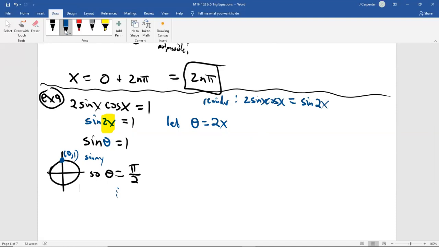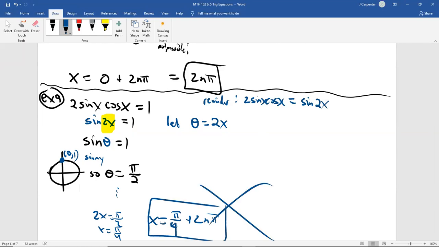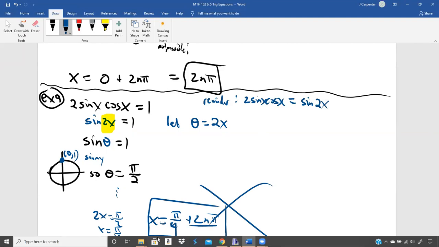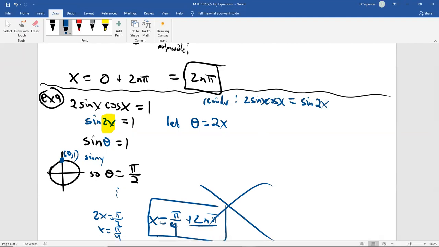if you kept going and said, oh, okay, well, this is 2x equals pi over 2, so x is equal to pi over 4, and then you go x equals pi over 4 plus 2n pi. This is what a lot of people will think the answer is, and this is wrong. Because we added the 2n pi to x and not theta, we accounted for the period too late because some other things have happened.